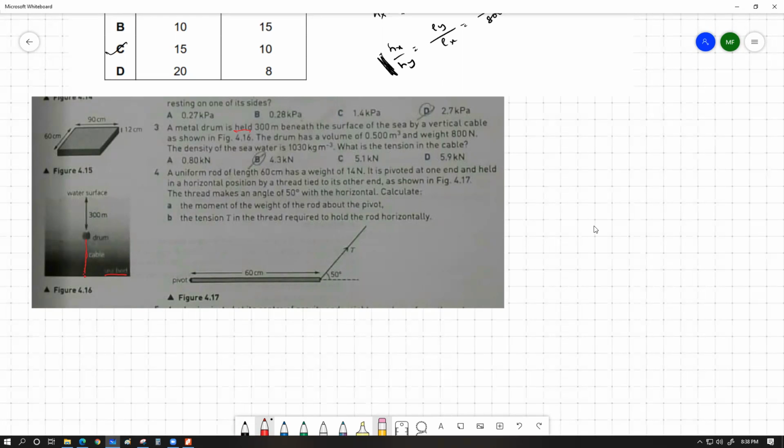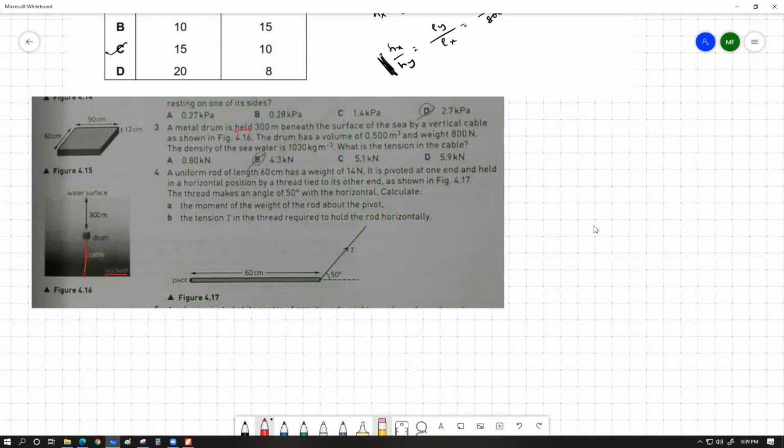So, a metal drum is held at 300 meters beneath the surface of the sea by a vertical cable. The dimensions of the drum are not given, right?